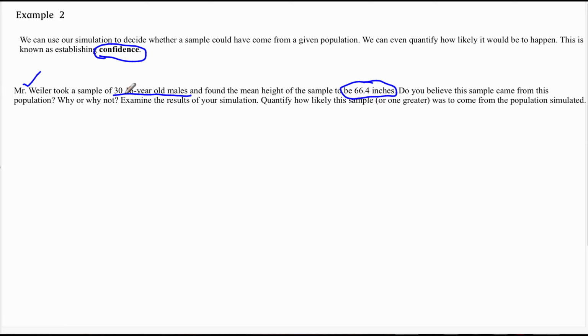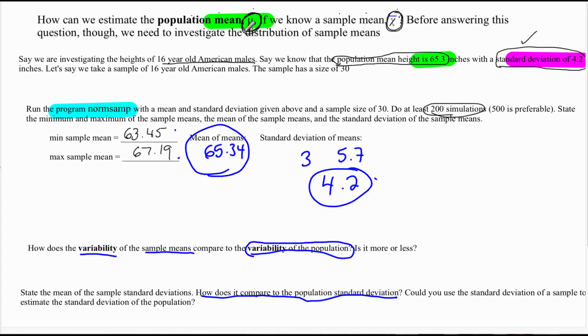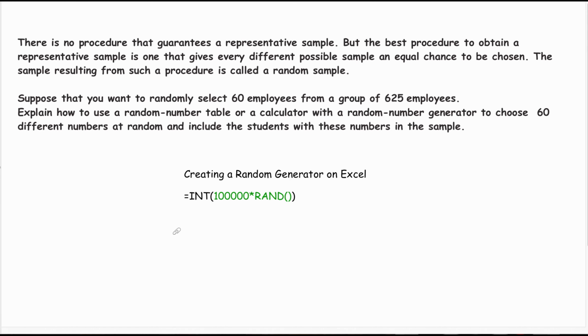And he went in his school, grabbed 30 random 16-year-olds, took the average of their height, and he said, since this is a sample, it's X bar, their average was 66.4 inches. And now, do you believe this sample came from this population of 16-year-old American males that we're talking about?